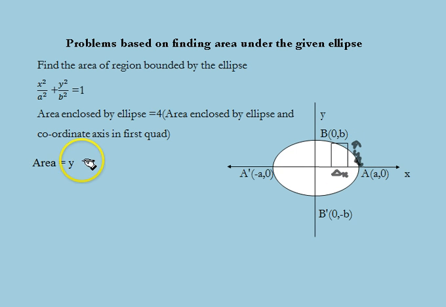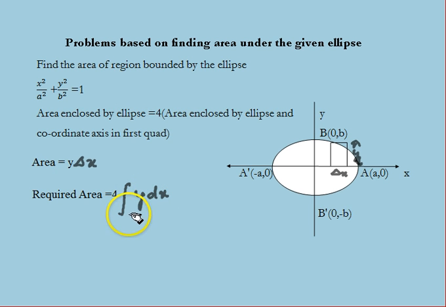Area is equal to y delta x, and this approximating rectangle can move from 0 to a. So the required area is equal to 4 times the integral of y dx with limits 0 to a.